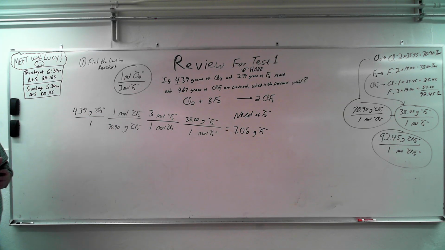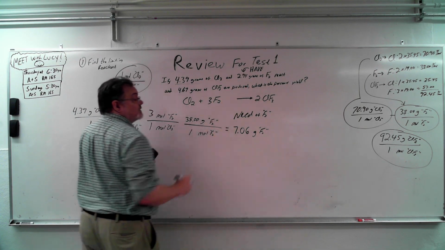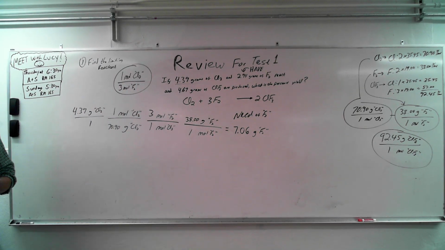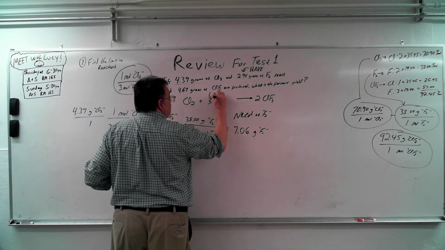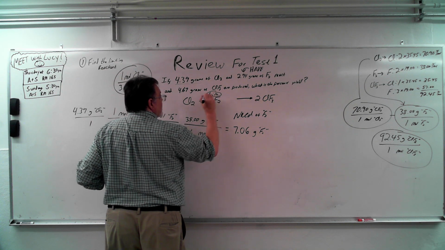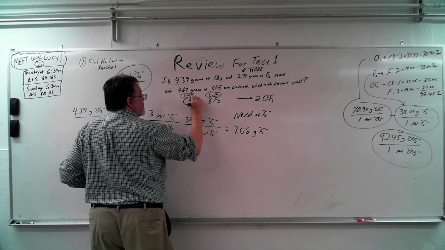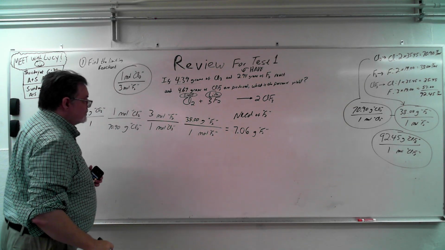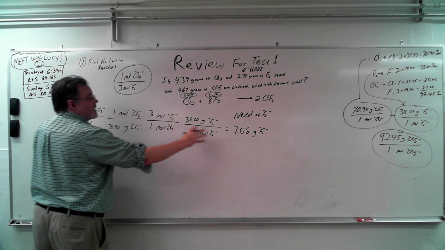So what's our conclusion? This is how much we need of F2, but this is how much we actually have. That tells us that F2 is limiting, and necessarily if that's limiting, then this is excess. We have more of this than we need. If we had done F2 here instead of Cl2, we would have come to the same conclusion.